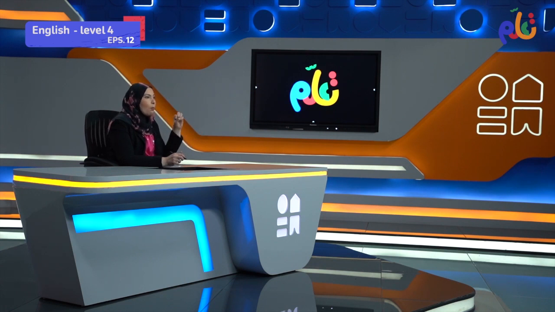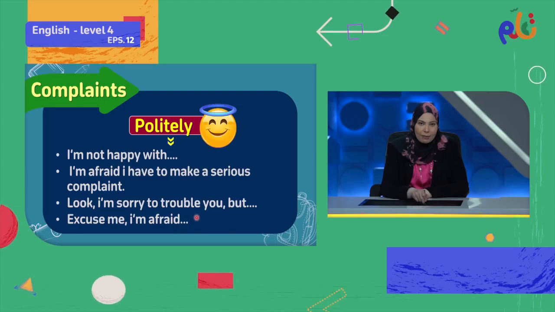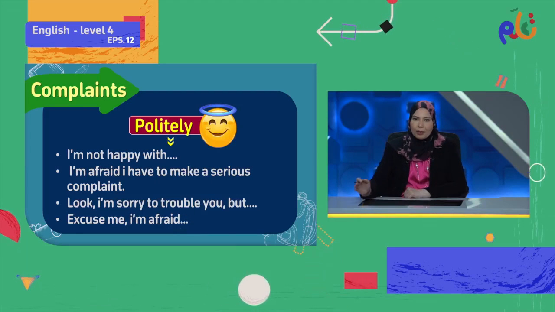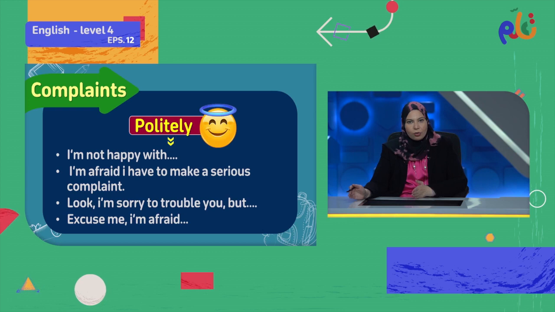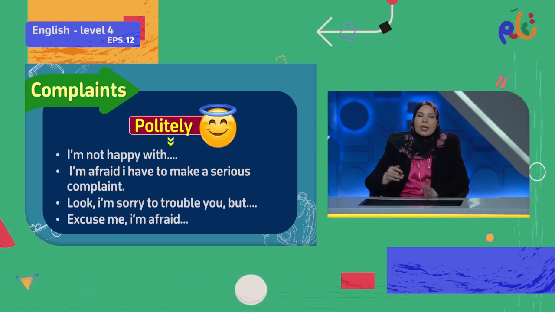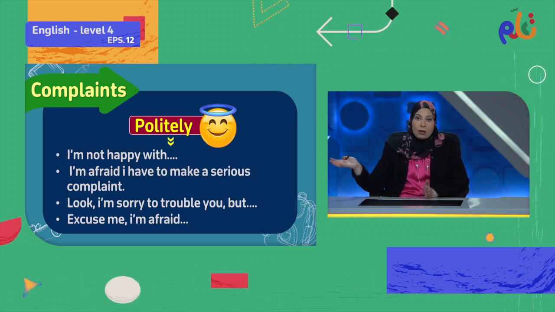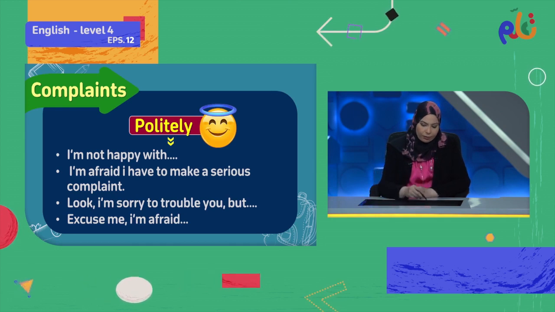So, but my room is too noisy, but I have a problem with my soup. So after but, it's a complete sentence with subject, verb, and object. Or, excuse me, I am afraid, and then we put a complete sentence. I am afraid my room is too noisy. I am afraid that my shirt has a hole in it, or whatever.